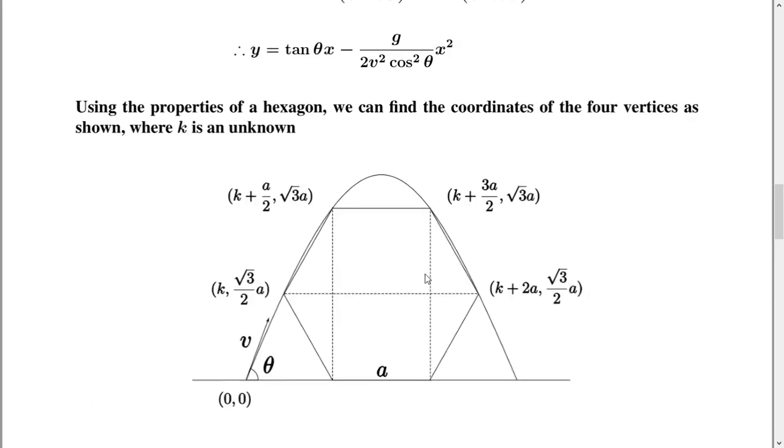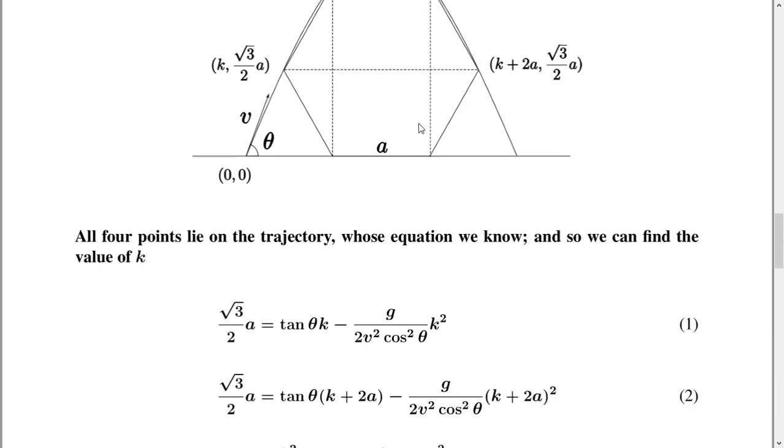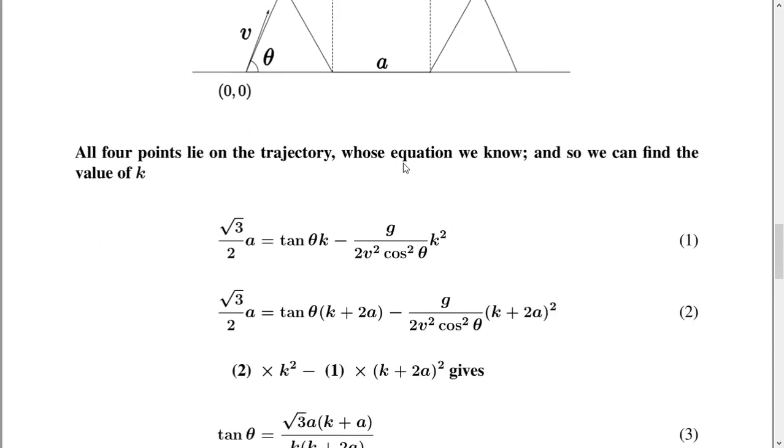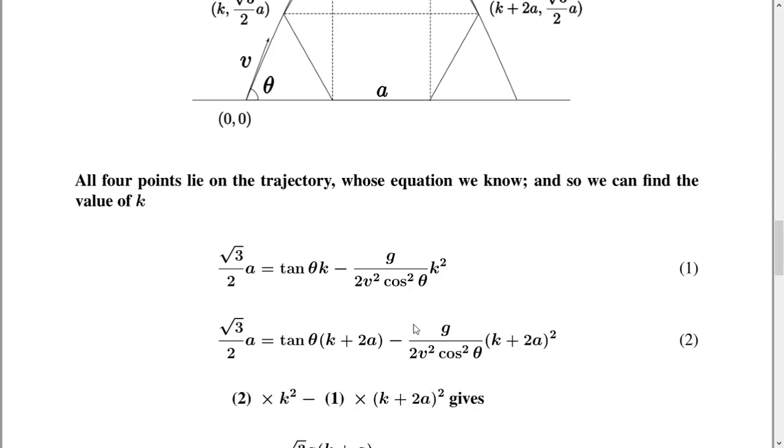Now let's just go ahead and substitute these coordinates in this equation and try to eliminate k, or find the value of k, and then use that to find the value of tan theta. That's simple algebra. So by substituting the coordinates of this point here, this is the equation you get, and by substituting the coordinates of this point in the equation of the curve, this is what you get.